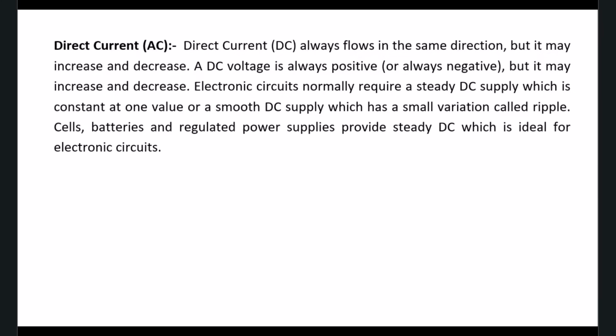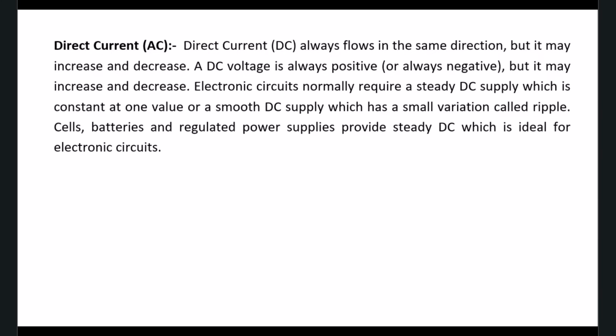A DC voltage is always positive or always negative. When I'm saying it flows only in one direction, it means that the direction will never change. If the current started flowing in the positive direction, then always the current will flow in the positive direction only. It is not going to change the direction of the flow of the current.